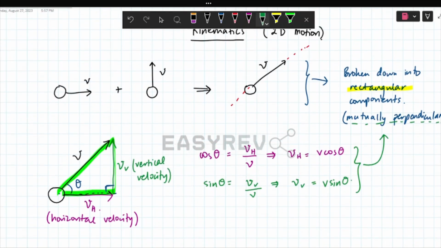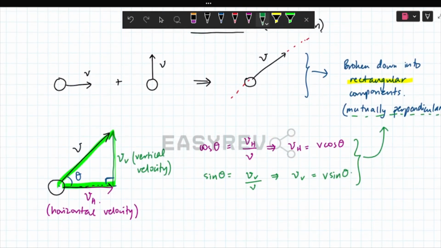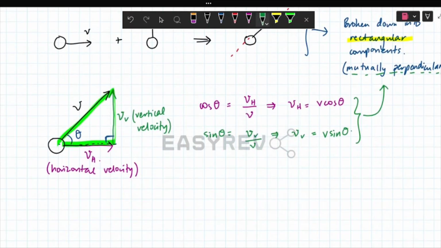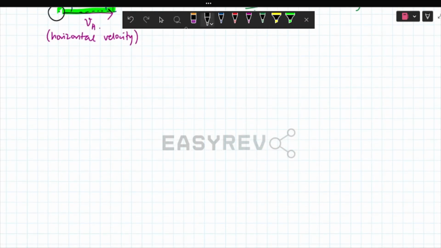Now, as simple as this was, we'll be looking at one specific kind of two-dimensional motion a bit more extensively. That's what we call projectile motion. Now, when I say specific, it's actually obvious from the way we define or describe projectile motion.